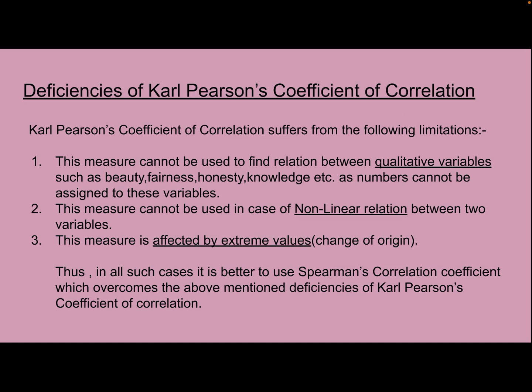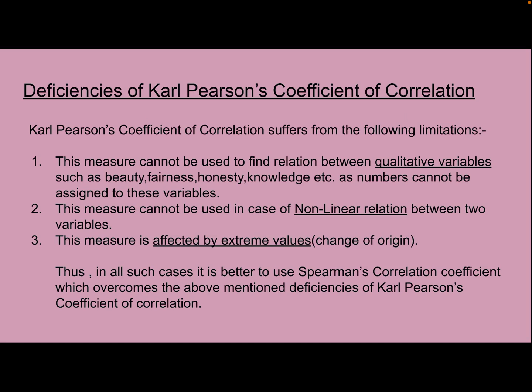I hope everybody remembers, in the first chapter we discussed qualitative data and quantitative data. So accordingly, if you want to find out the correlation of two qualitative variables, you will not be able to use Karl Pearson's method, since you cannot assign numbers to those variables.